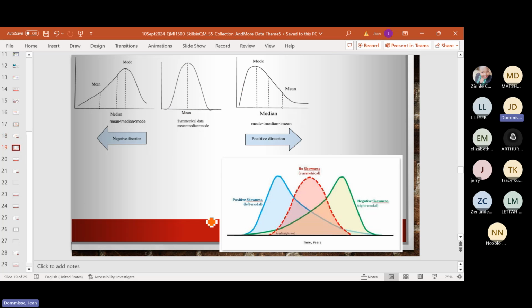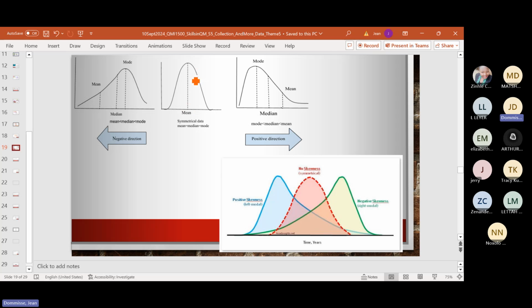One more thing that they might also talk about is how skewed the data is. They might tell you there's no skewness, so then it is a nice symmetrical data set.